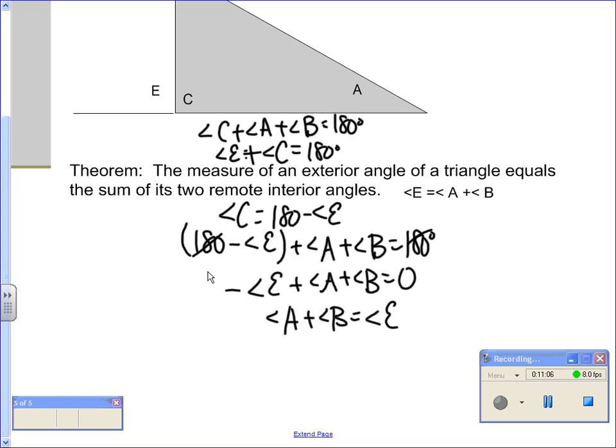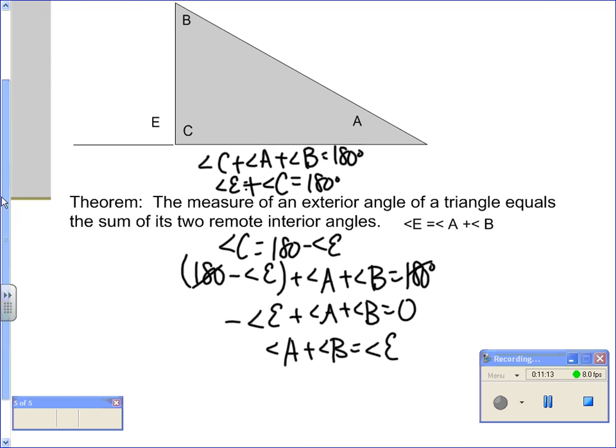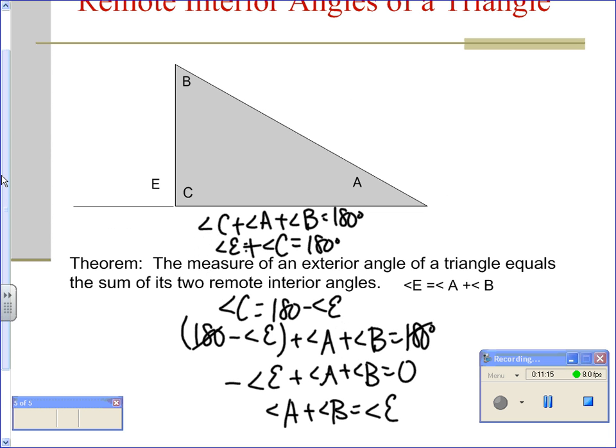The exterior angle, the one that's on the outside, exterior means outside, is equal to the sum of the two angles that are not next to it. That's all it's saying. Does that make sense? So what they're going to do, what would x have to be?